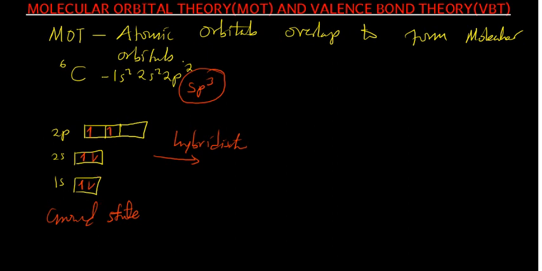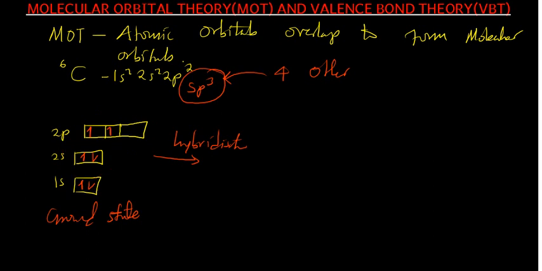So when carbon is reacting with 4 other things, which can be other atoms or molecules, as long as there are 4 around it, it always undergoes sp3 hybridization. This 2s orbital is going to come together with the 2p orbitals.